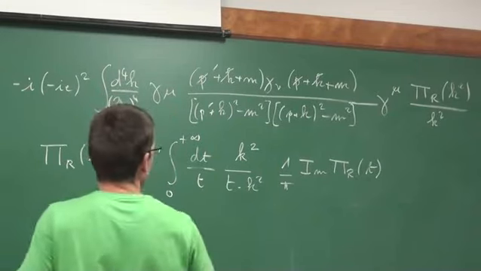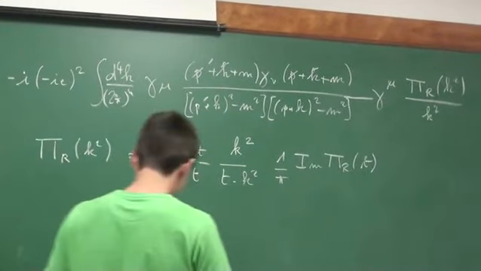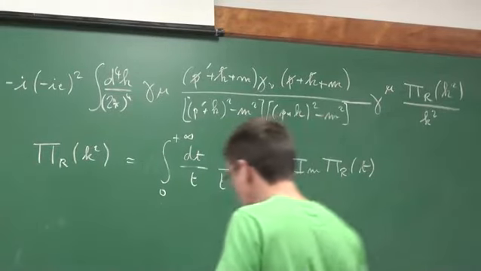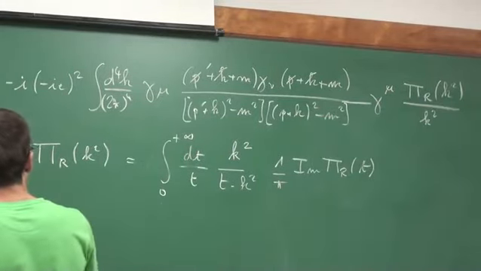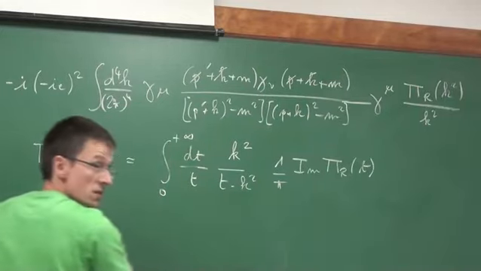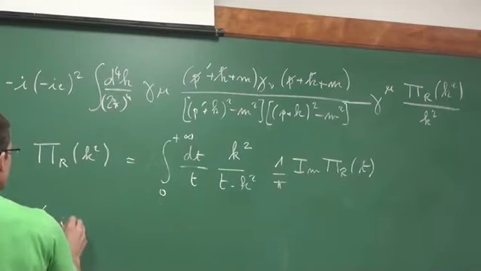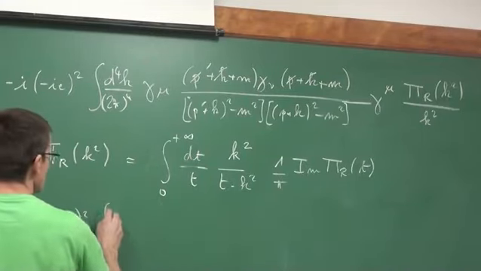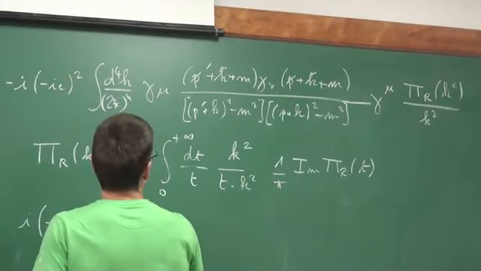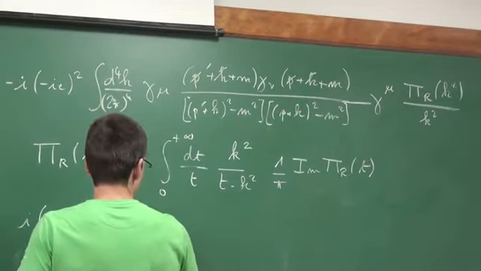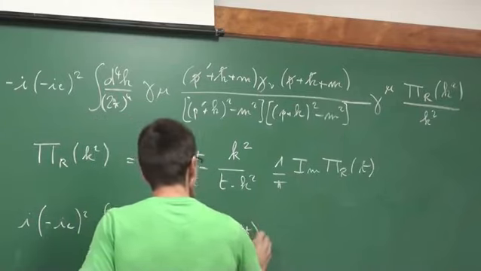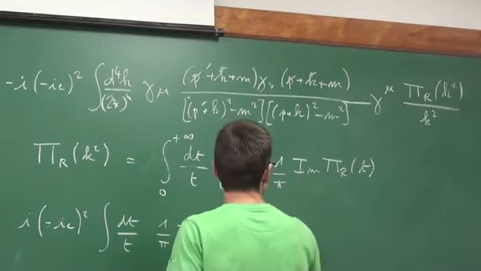So if I put it inside, I simply have this, the minus sign is equivalent to this, and I find simply the imaginary part of Pi and the integral.